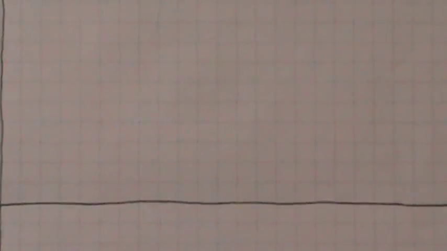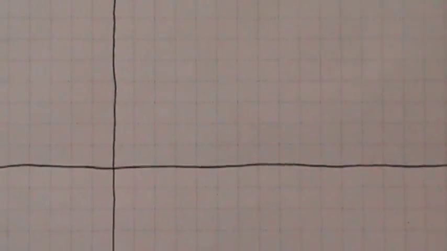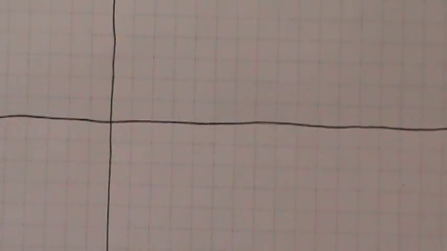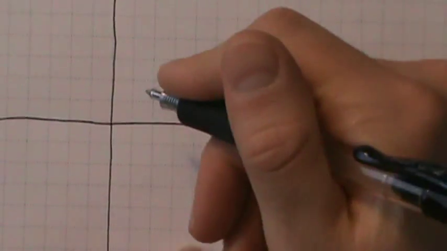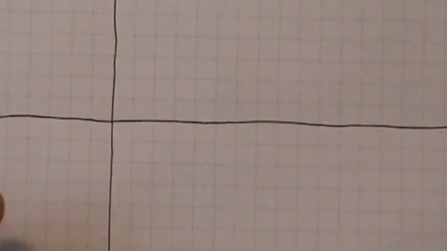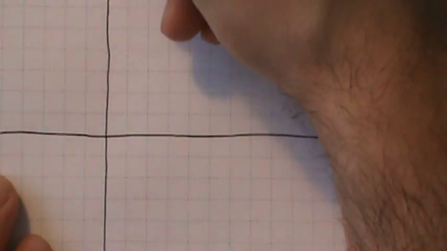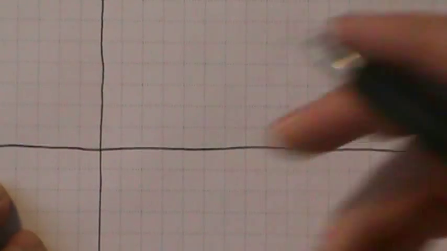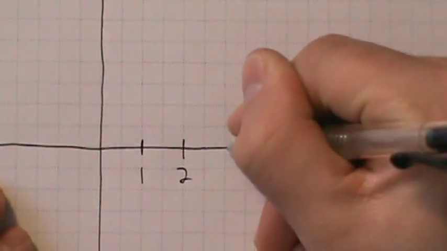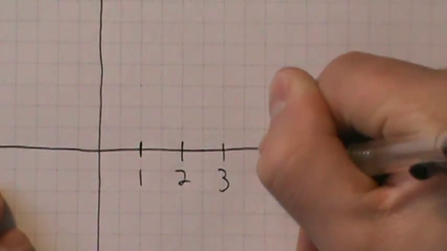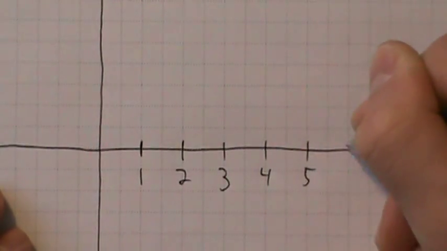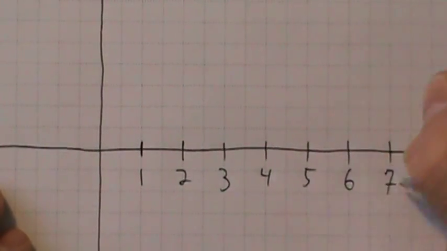That way it'll be easier to plot points like where x is 5 halves and where x is 11 halves, because they'll fall on the corner of a grid box, as long as we set up our y-scale in a nice way also. So anyway, for the x, this is going to be 1, here's 2, 3, 4, 5, 6, 7.